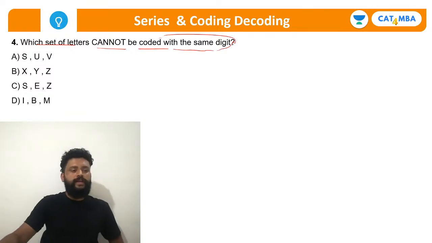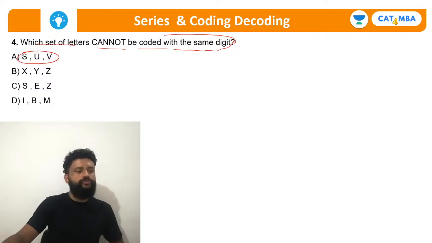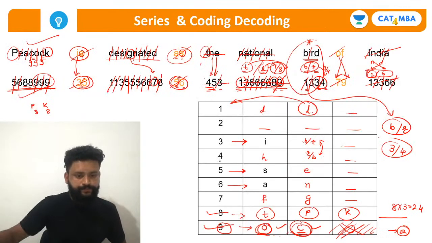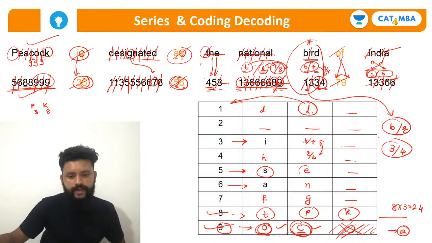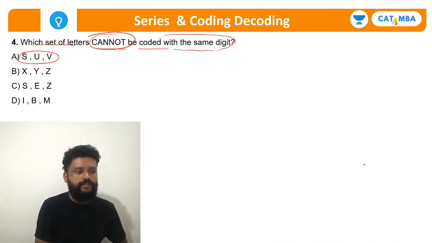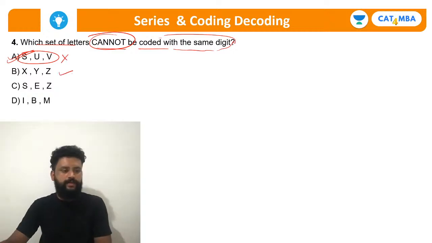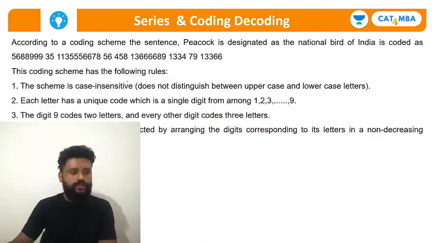The last question: which set of letters cannot be coded with the same digit? Same digit नहीं होना चाहिए. SUV cannot be, बोला है. SUV. S and E represent 5. Now you cannot put U and V in a single place. So the first answer option is correct, that is not possible. XYZ can be placed, can have the same, because XYZ is not used yet.